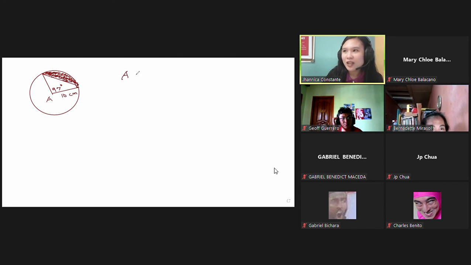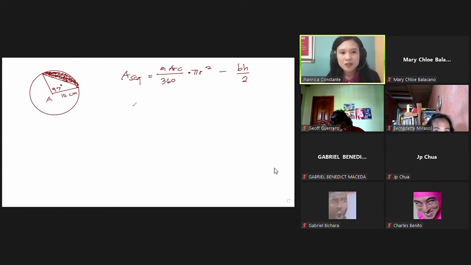So the area of the segment is equal to the measurement of the arc divided by 360 multiplied by the area of our circle, minus the area of the triangle. So before we proceed in using the formula for the area of the segment, we need to find the height of our triangle.